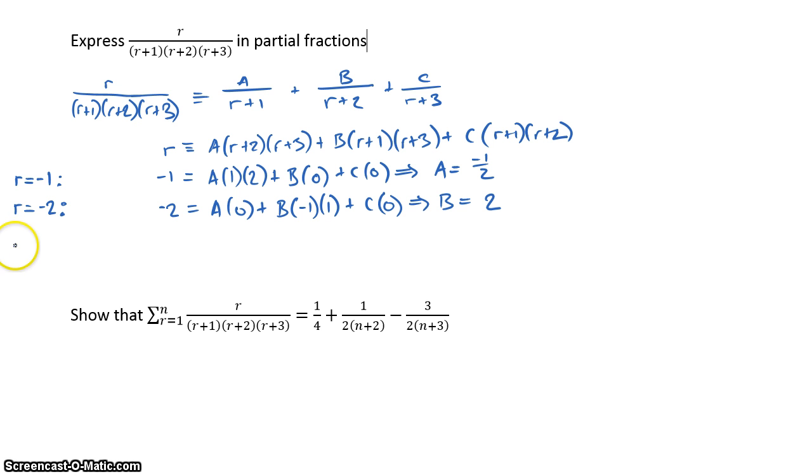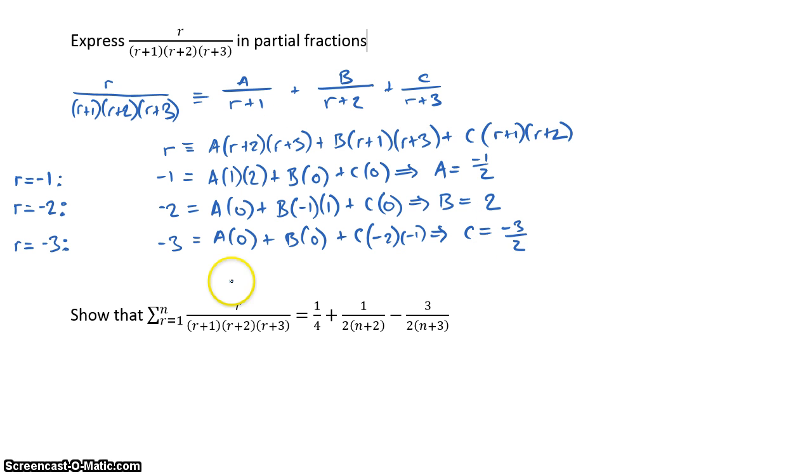And finally, I could set r equals -3. Then what do I get? I get -3 is equal to a times 0 plus b times 0 plus c times -2 times -1, and that tells me that c is equal to -3/2.